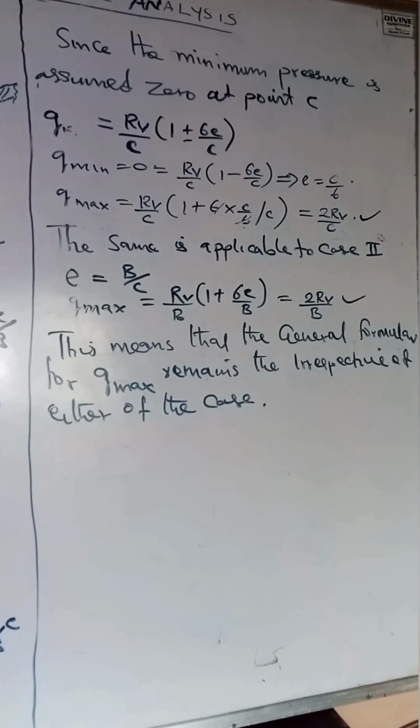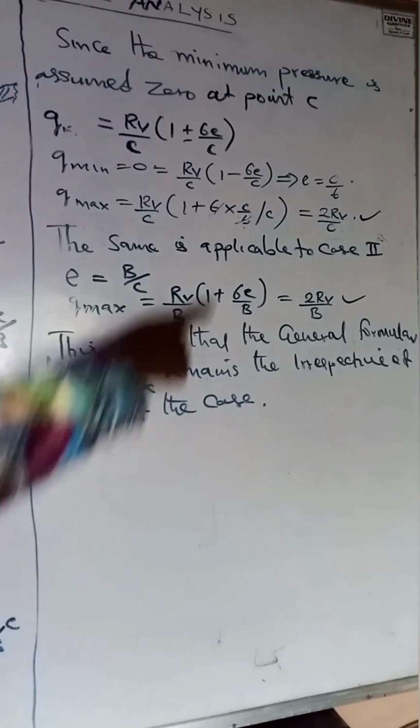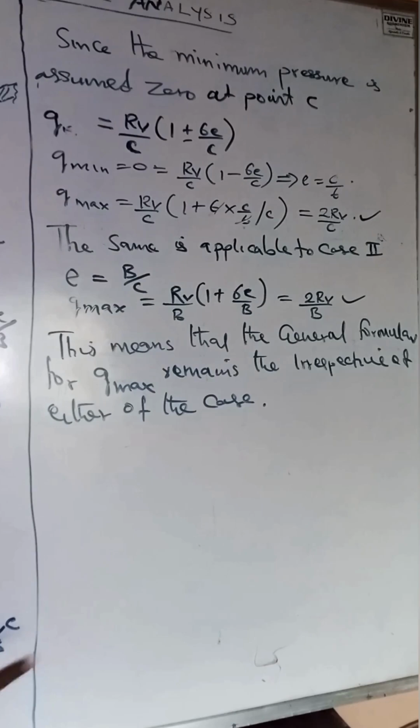Now we also know that the minimum pressure will be equal to 0 at point C, and if we do that, we'll have the eccentricity at that point to be equal to C over 6.